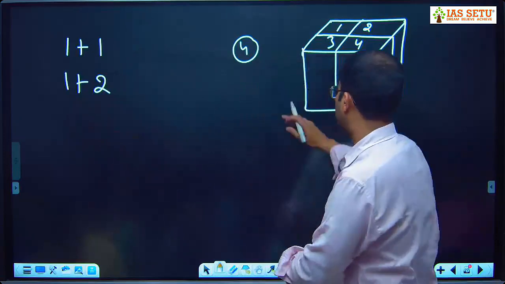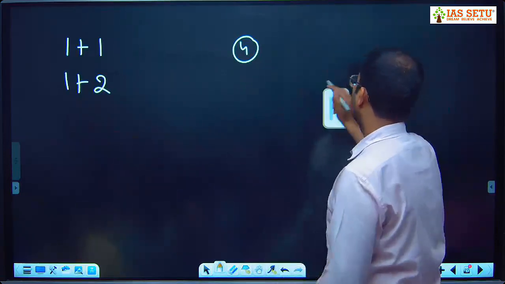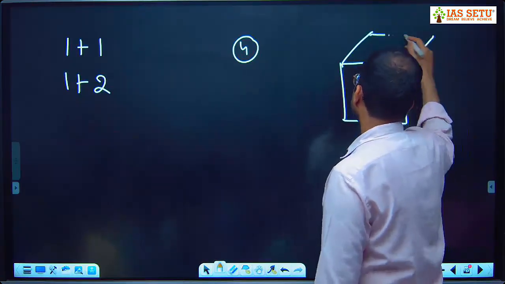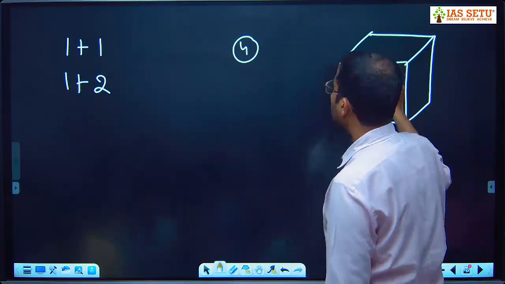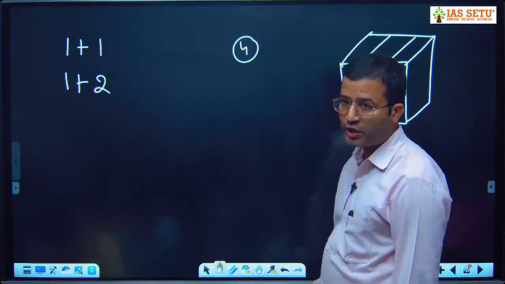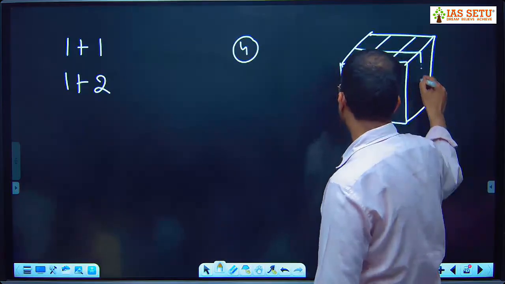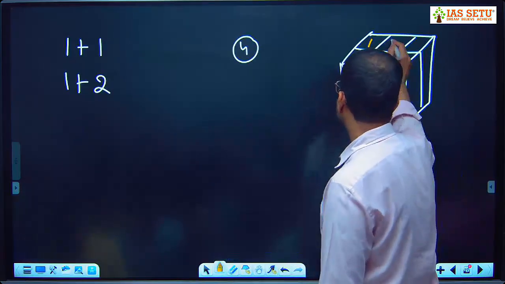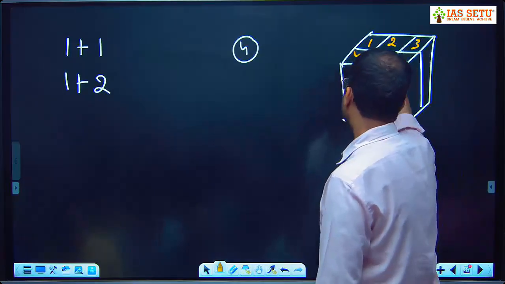Then we will see, manually we will check. I make 2 cuts along this axis and 1 cut along this axis. How many pieces are there? 6. 1, 2, 3, 4, 5, 6.